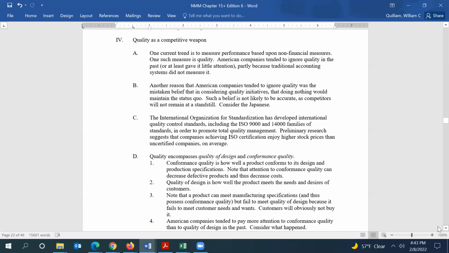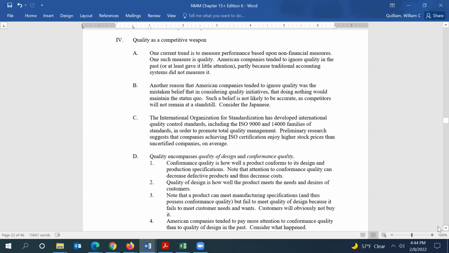There was nothing in financial statements. So there was nothing to draw anyone to consider quality. Quite frankly, it did not impact net income, or so it appeared on the income statement. And net income is one of the most important accounting measures that people pay attention to. So if it isn't there, it's like it doesn't exist.